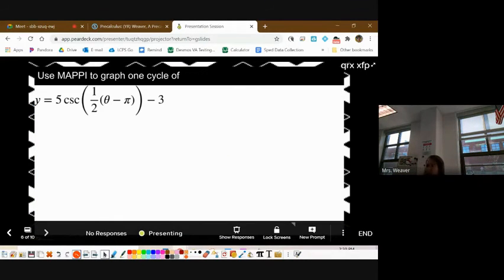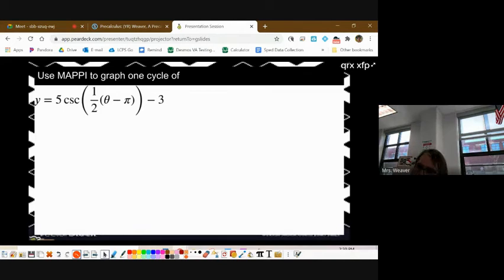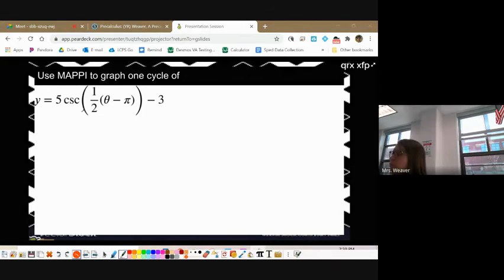Okay, so now we have some graphs, and they just have the same transformation rules as all the other trig functions, and it says use MAPI to graph one cycle. So what Mr. B said in the video notes, if we want to graph cosecant, we need its reciprocal sine. Do you remember your trig reciprocals? The reciprocal of cosecant is sine.